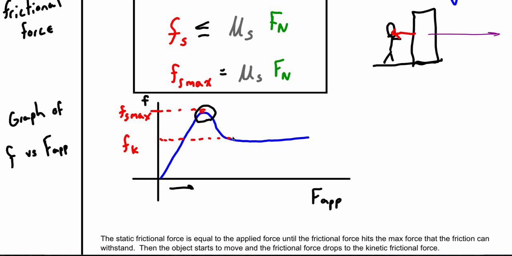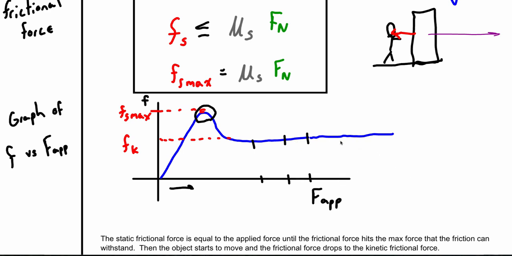And then here it shows once you have broken that static frictional max, the object comes down here to become kinetic friction. What this shows is that as you increase your applied force, the frictional force doesn't increase anymore. It just remains the same, even as you're pushing harder and harder.